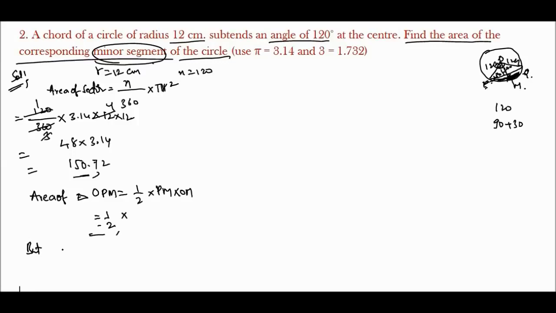But cos 30, here this one is 30 degrees, and it will form like this, and this is also 30 degrees. The total is 120 here. This is 90 degrees. This is the total circle around it. So please go through that one.